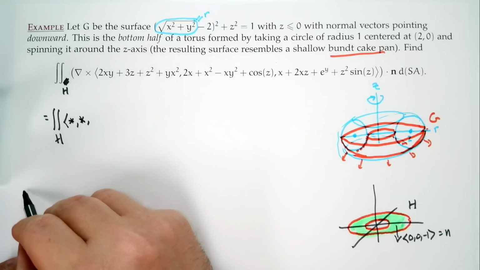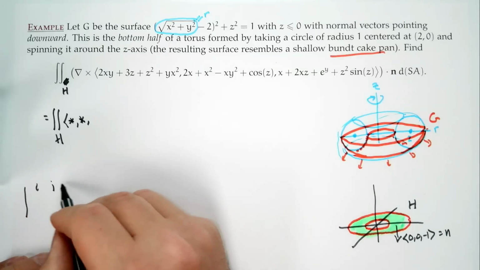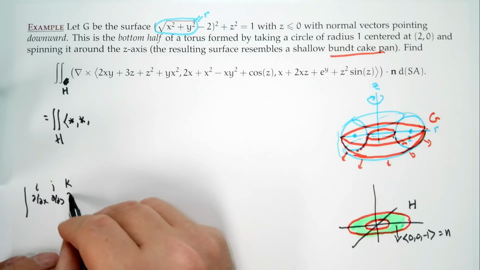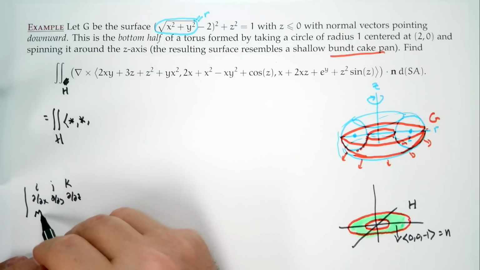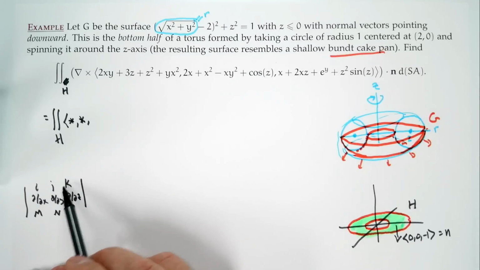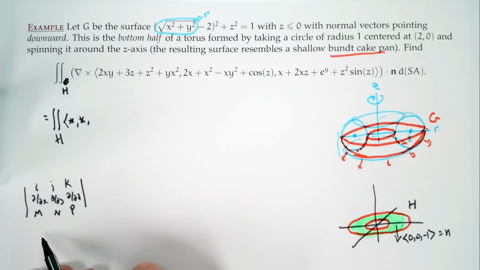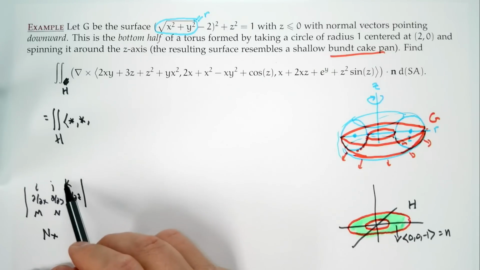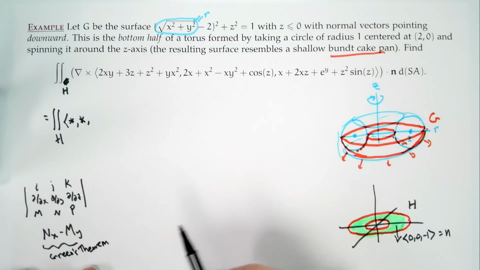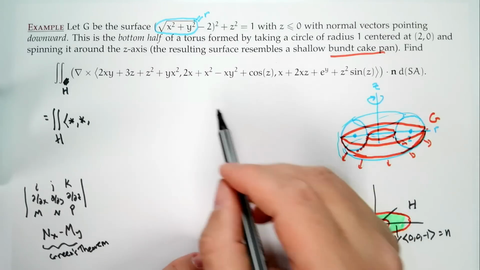If you remember how you compute curl, i, j, k, partial x, partial y, partial z, m, n, p, the third entry would be k times partial x of n, n sub x, and then the other way, partial y of m, m sub y. In other words, this is the stuff from Green's theorem. You might say, ooh, that's a nice coincidence. Not a coincidence.